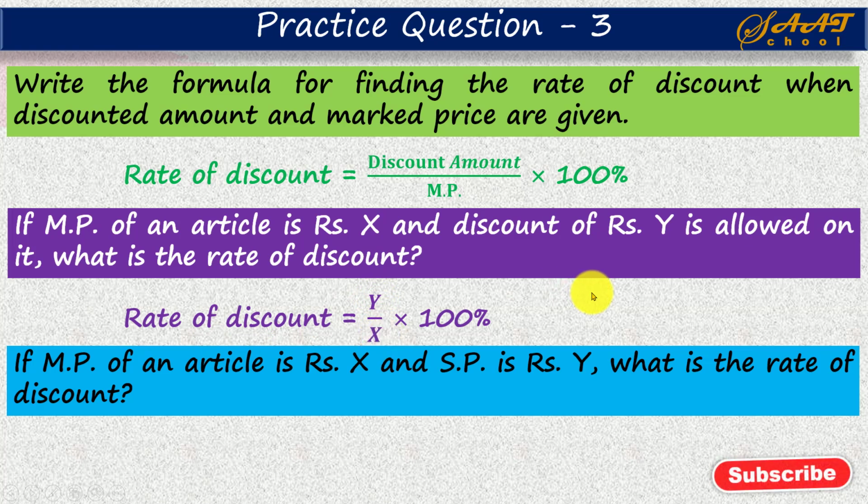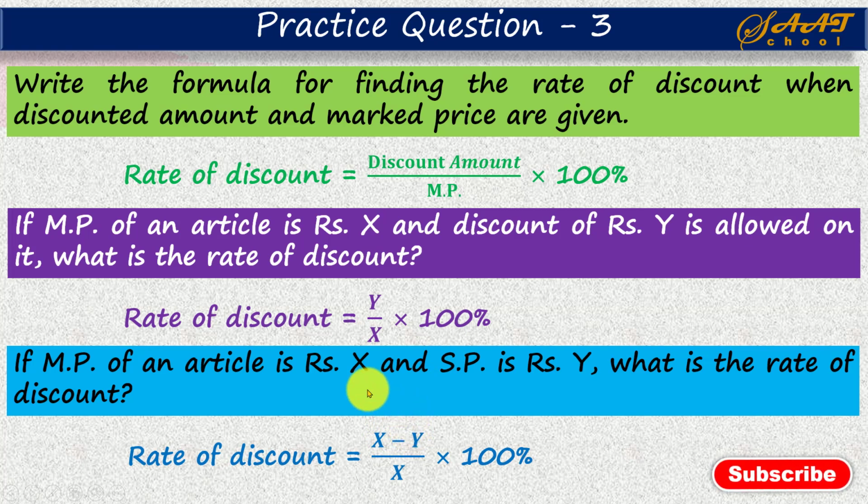Now in the last question we have to find the same rate of discount, but here the discount amount is X minus Y. The reason is that to find discount amount we subtract Y from X. If you subtract this SP from mark price, then you will get discount amount. So this is the mark price and this is the selling price.